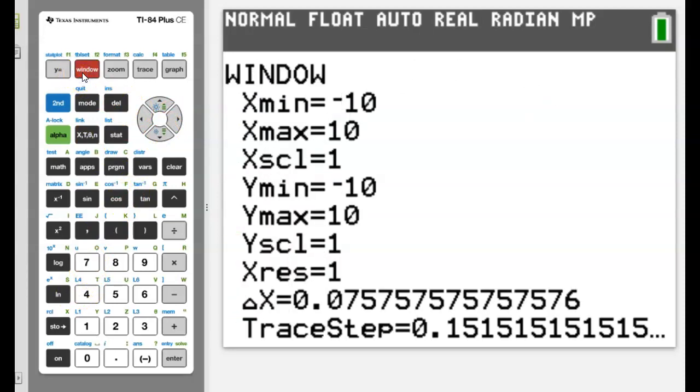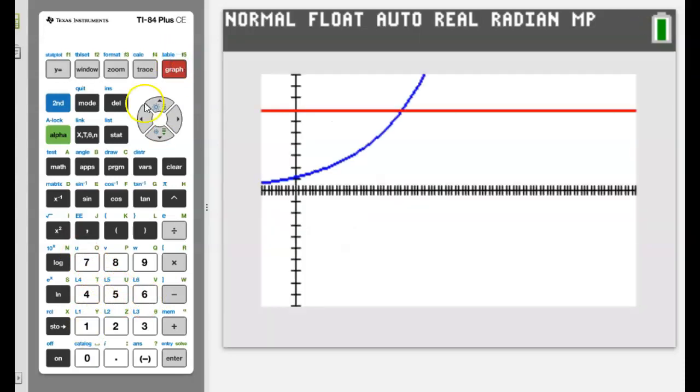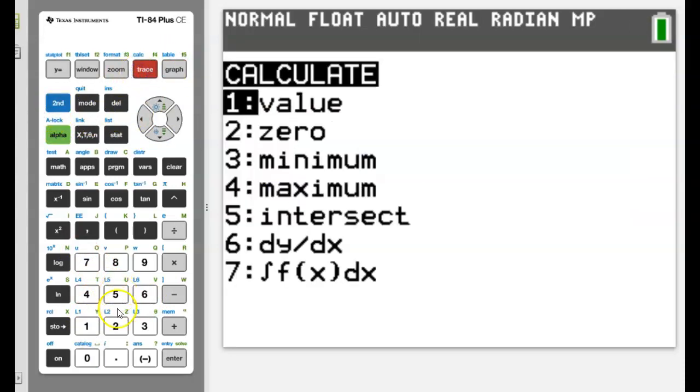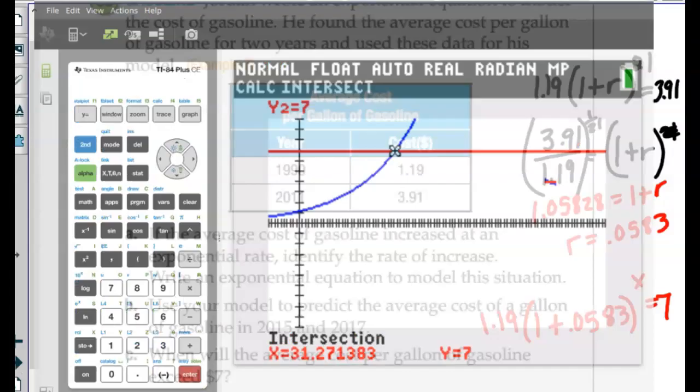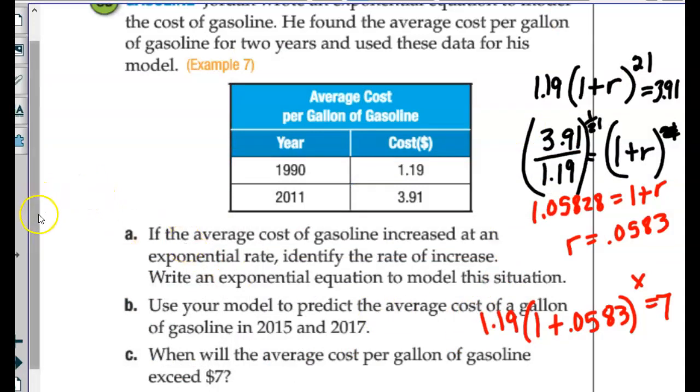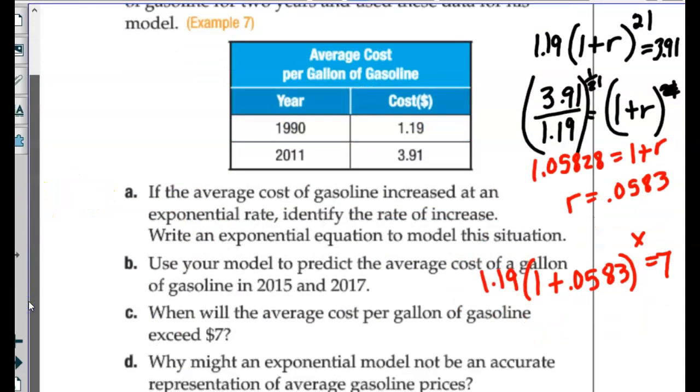Okay, so we need the window to go up 10, which it does, but this one's gonna have to go out probably a long time. Okay, they intersect at 31.3 years. So like 32 years, because you want it to exceed that. So maybe 32 years. Okay, better?